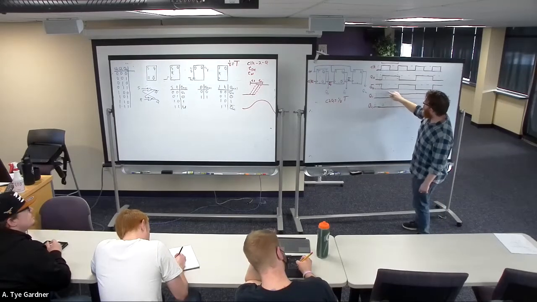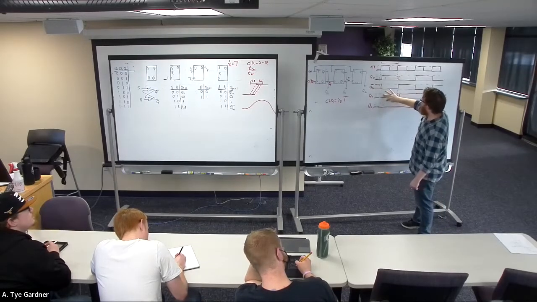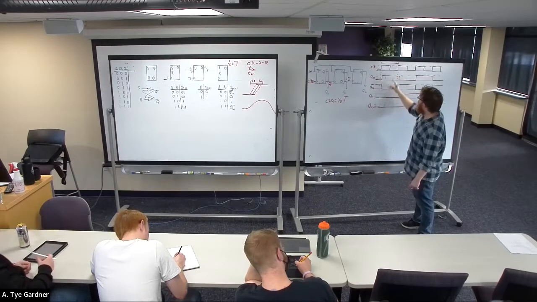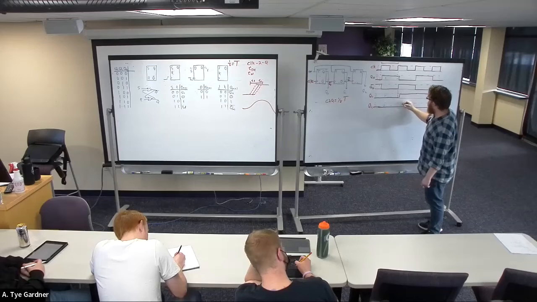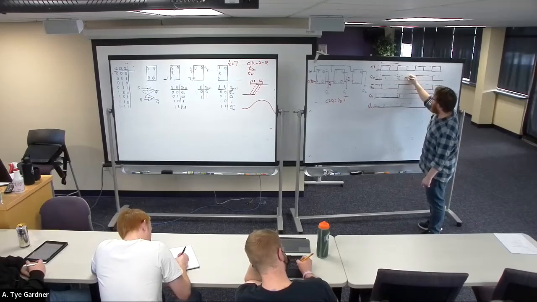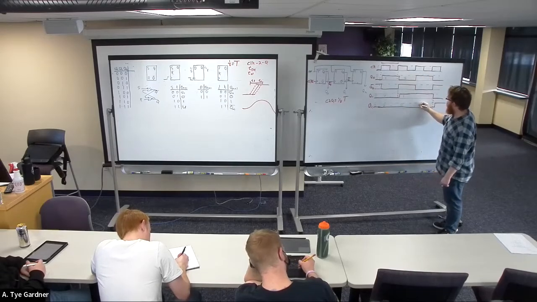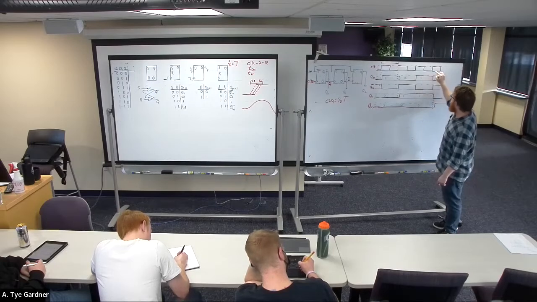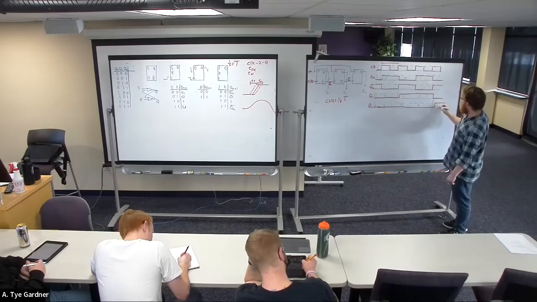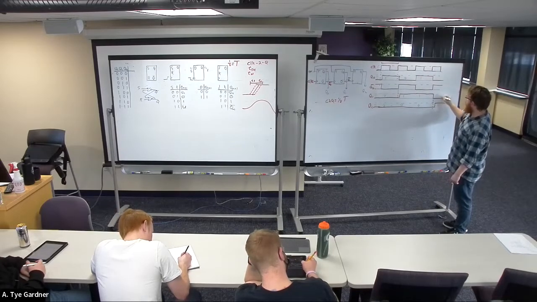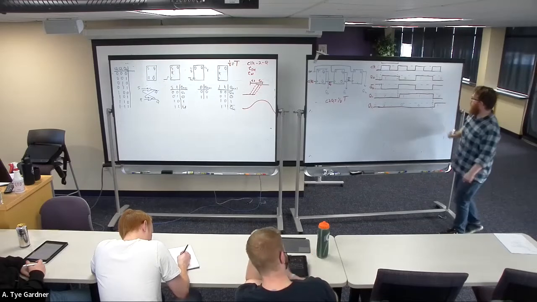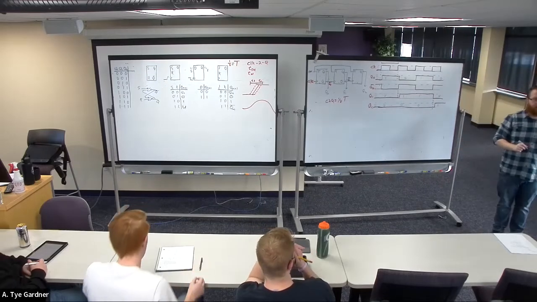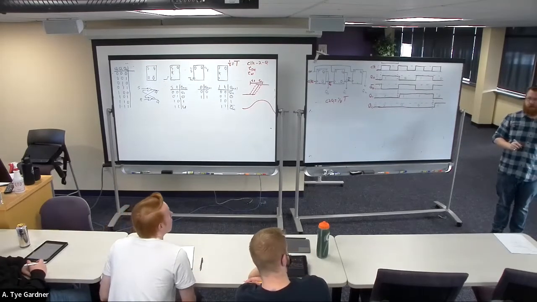Let's see, make sure we're doing this right spot. I got to go over to the next clock, don't I? Sorry. So 0, 0, 0, the clock happens. We have 0, 0, 1. The next clock happens. We have 0, 1, 0. The next clock happens. We have 0, 1, 1. The next clock happens. And we have 1, 0, 0. There's my counter.